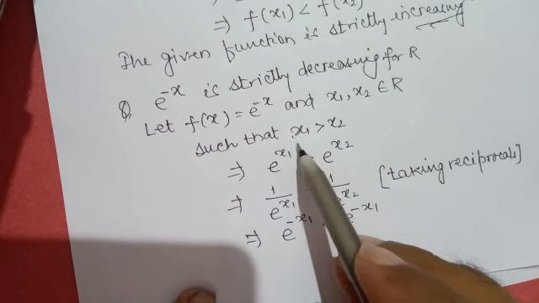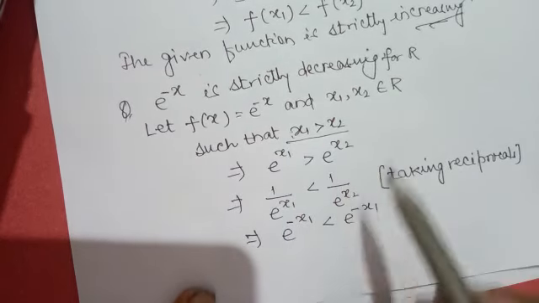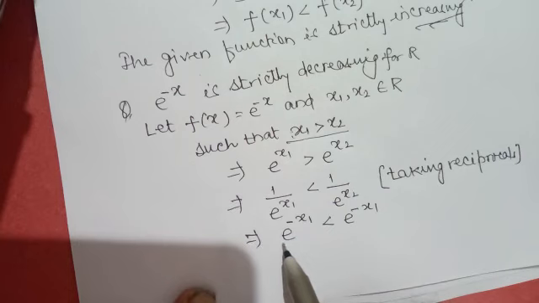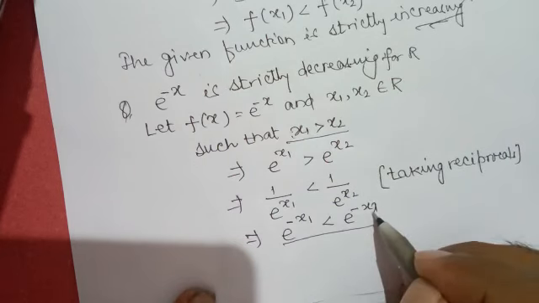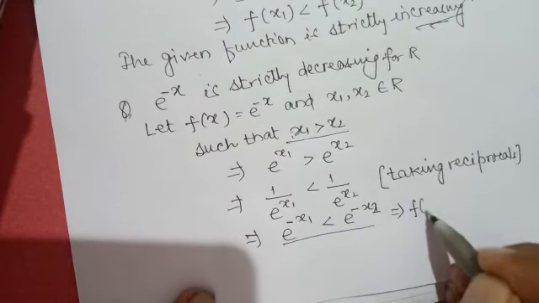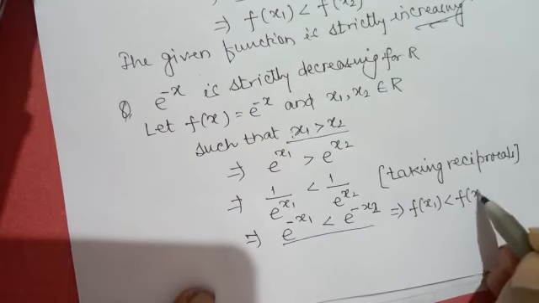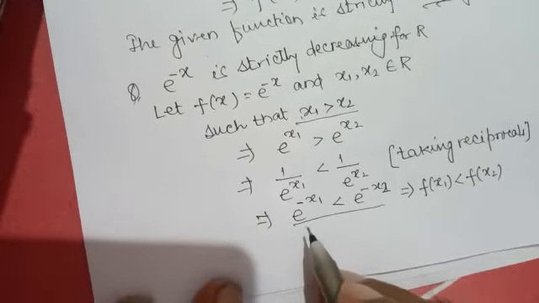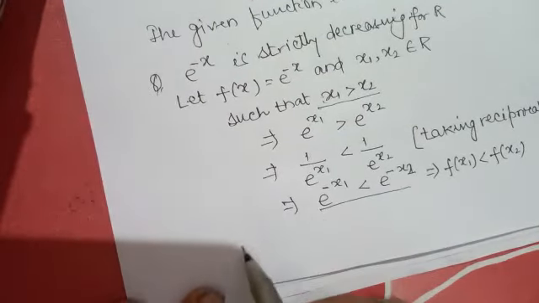So we have taken x1 greater than x2 and we get the result that e to the power minus x1 is less than e to the power minus x2, means f(x1) is less than f(x2). So the function is strictly decreasing.